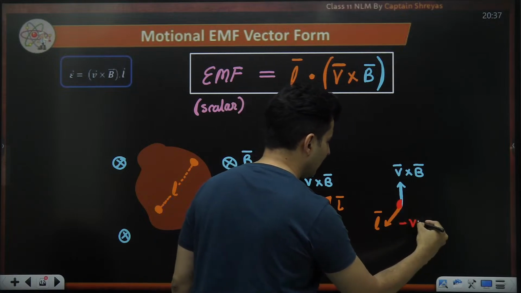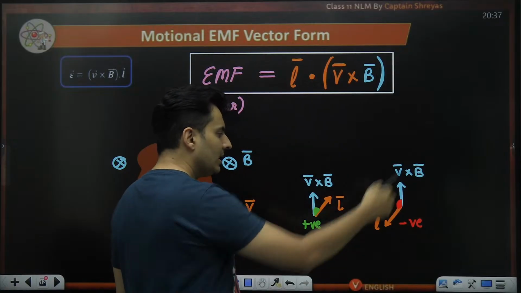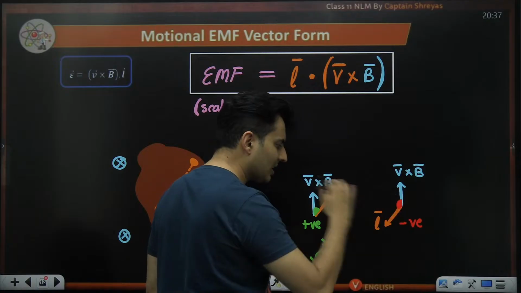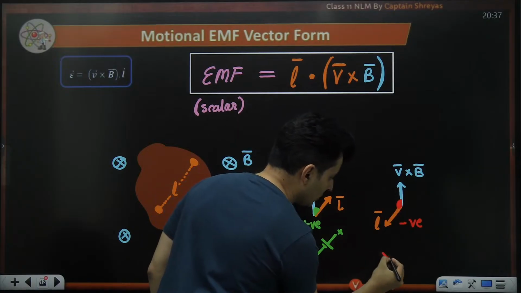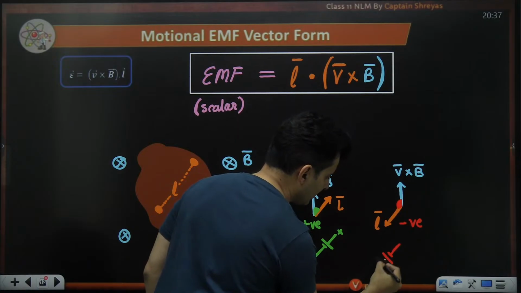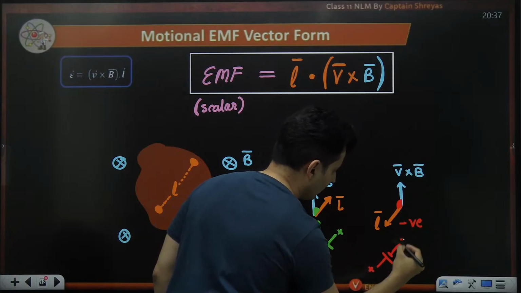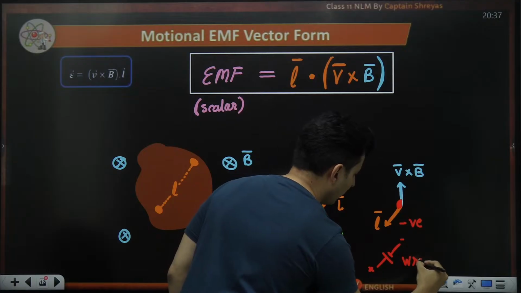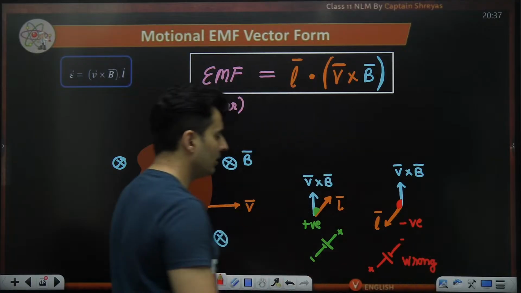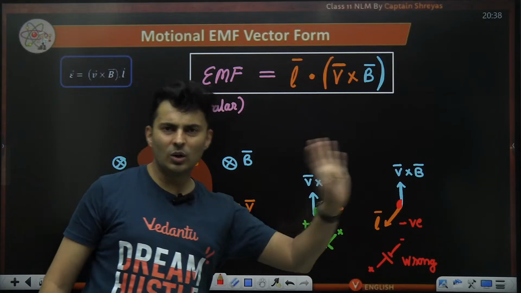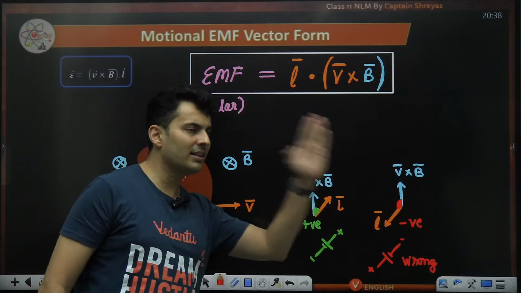So this will be negative in nature. That means this direction is the wrong direction. So do not choose this side as positive and this side as negative. Don't do this. This is wrong. But this is correct. So you have to flip the terminals. Magnitude wise, it will be fine, but direction wise, it will be wrong.